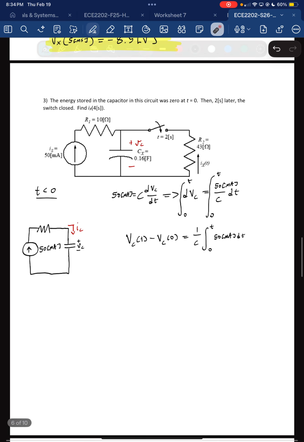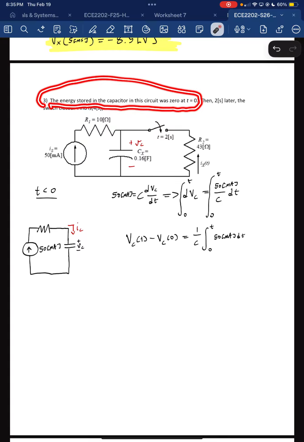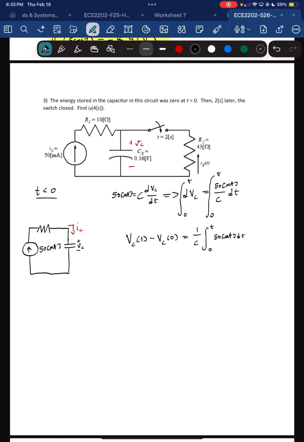And given this fact right here, the energy stored in the capacitor of this circuit is 0 at t equals 0. What can we say about VC of 0? Can you repeat that again? So the question tells us that the energy that is stored in the capacitor at t equals 0 is 0. So VC of 0 is 0. Correct.